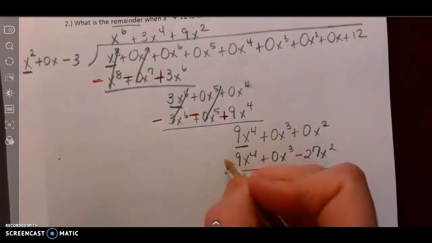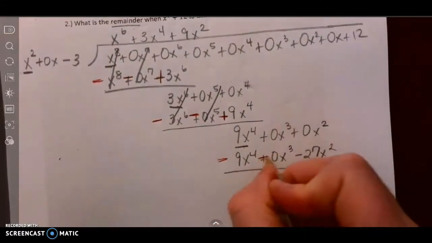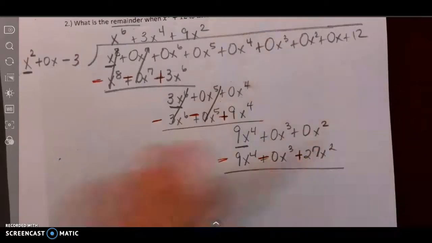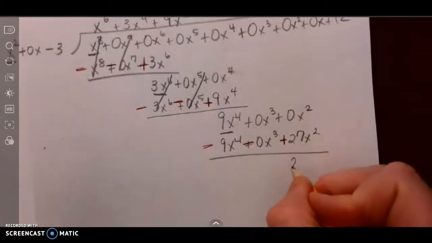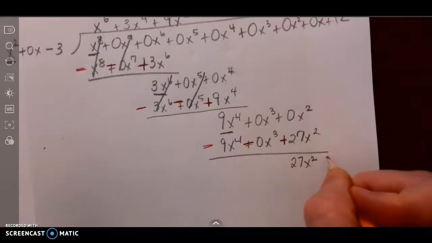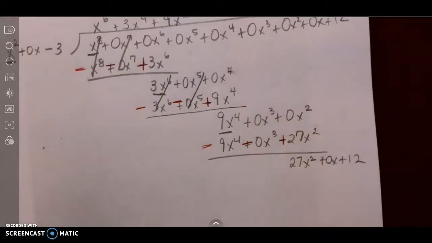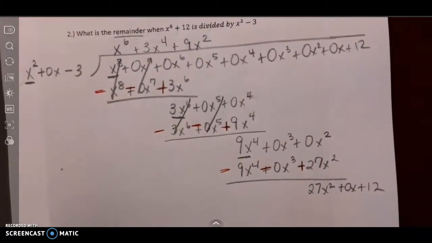Going to subtract, so I change my signs. And get 27x squared, and then carry down the 0x and the plus 12, and focus on the first.